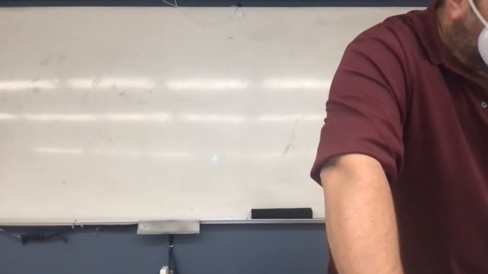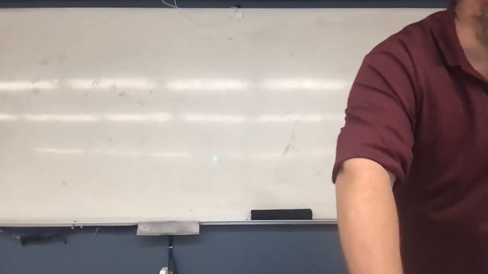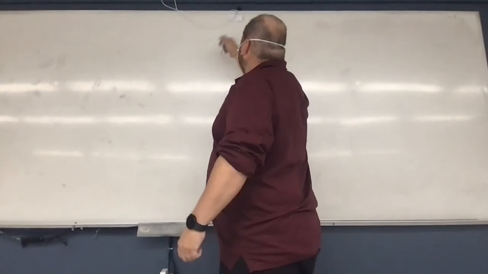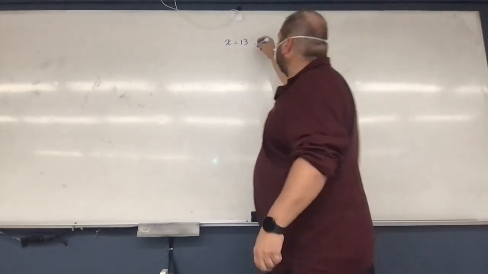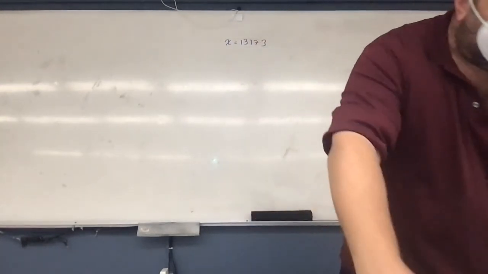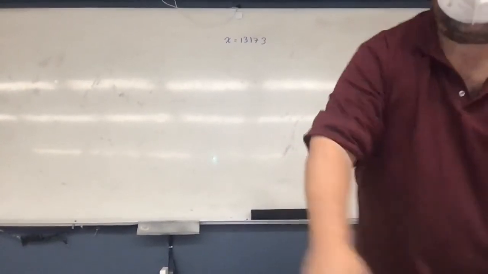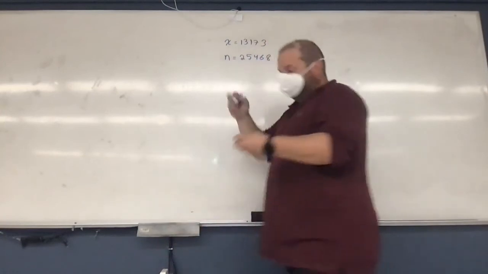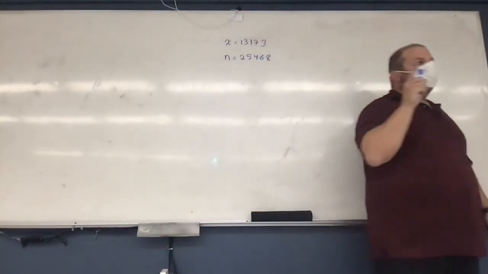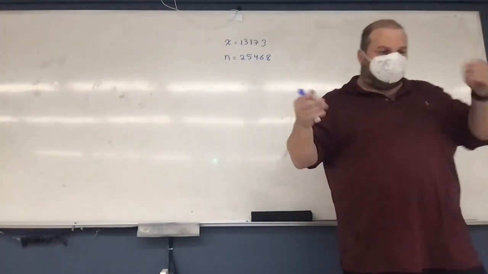A random sample collected in 2005 found 13,173 boys among 25,468 firstborn children. So we only care about firstborn in this experiment, right? We have to understand the context. This is not just are boys more likely in general, but specifically for firstborn children.